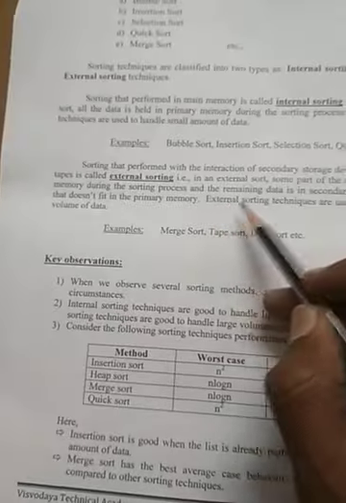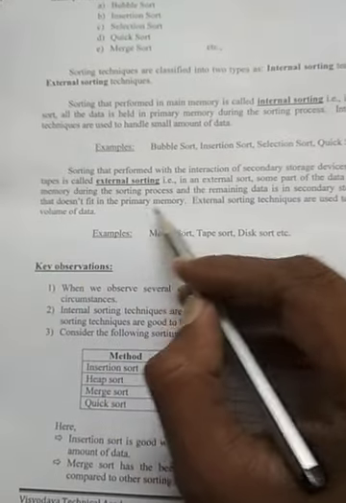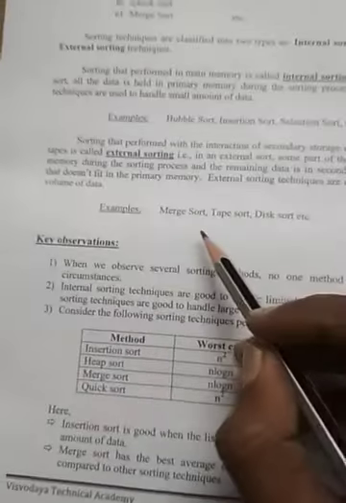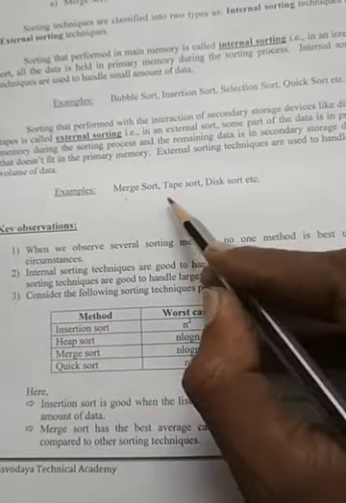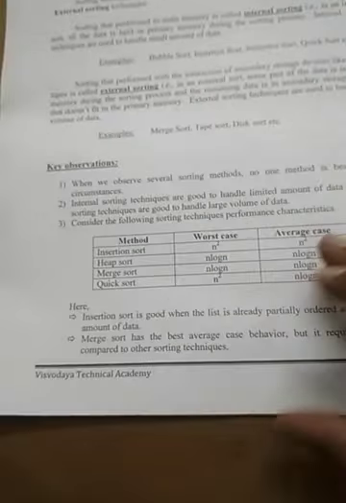Now here the remaining data is in secondary storage devices that doesn't fit in the primary memory. External sorting techniques are used to handle large volumes of data, as we discussed earlier. Here merge sort, tape sort, and disk sort are examples of external sorting techniques.